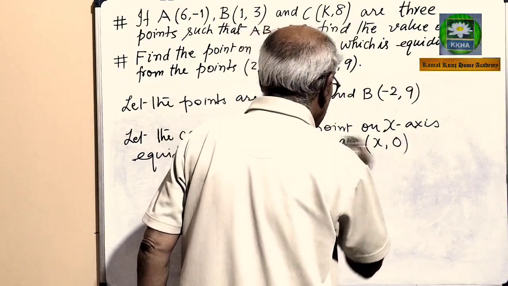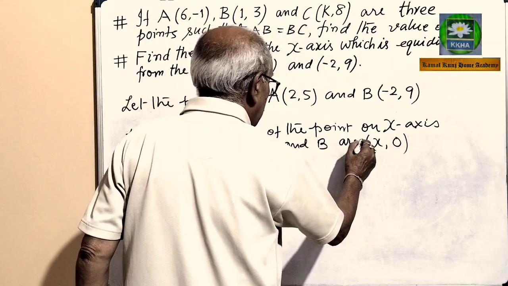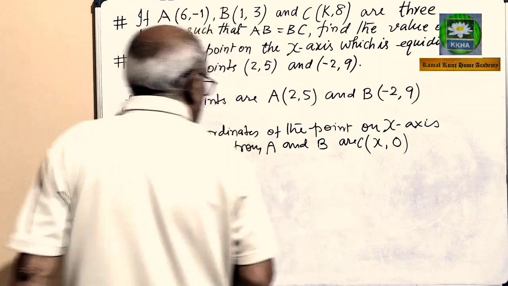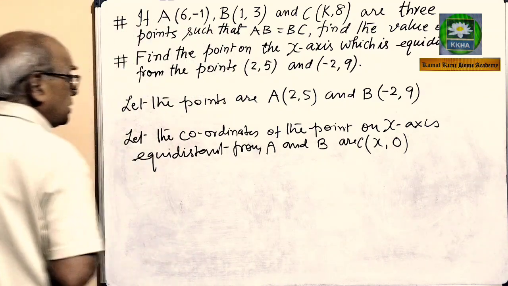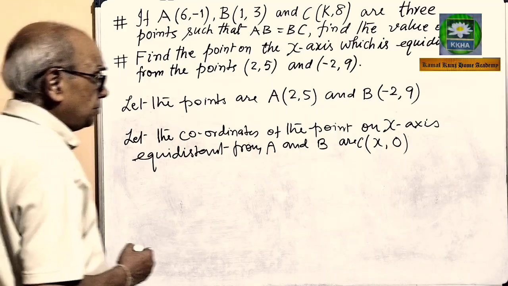So this is C, the point on the x-axis which is equidistant from A and B.